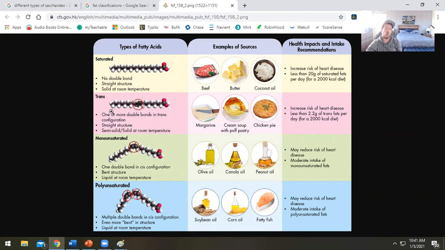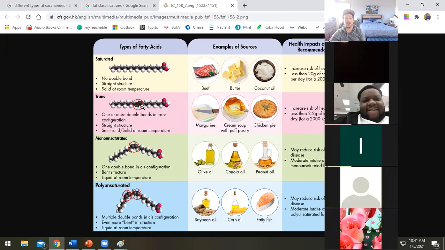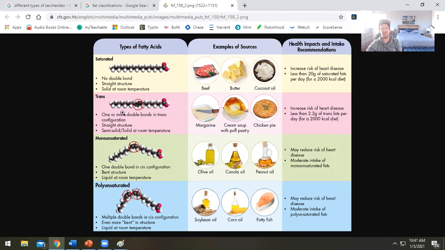Now, you do have a fourth type here, which does not really count. This is your trans fats. These are the devil. These are exceptionally unhealthy for you. These are very, very unhealthy fats that are going to be found in things like margarine, puff pastries, like chicken pie, processed foods, right?